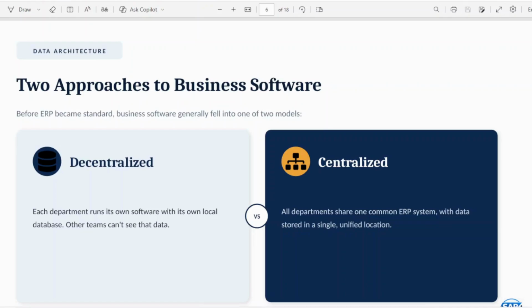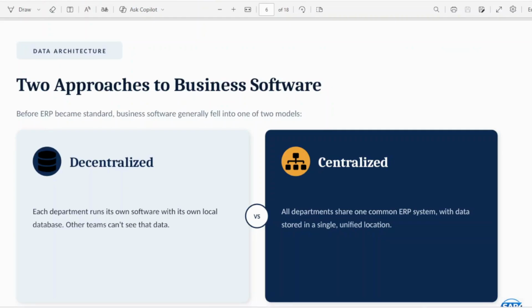Basically, the data architecture for ERP comes in two forms, two approaches we can say. Before ERP became standard, business software generally fell into one of two models: decentralized and centralized. So what is decentralized? Decentralized is the old technique. Each department runs its own software with its own local database, and other teams can't see that data.